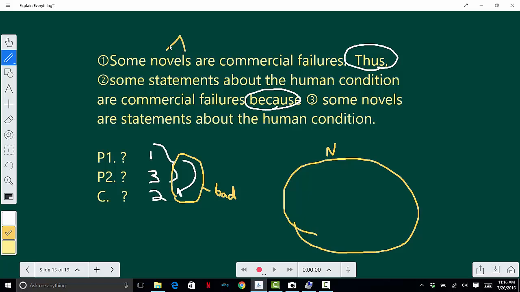I'm going to name the novel that we're talking about in 1, because 1 commits us to there being at least one novel that's a commercial failure. And in 3, I'm going to name this novel B, because there needs to be at least one novel that's a statement about the human condition. So we have our novels.